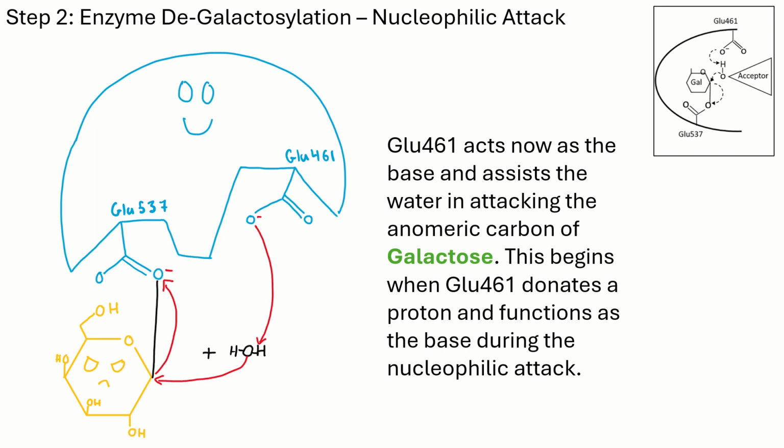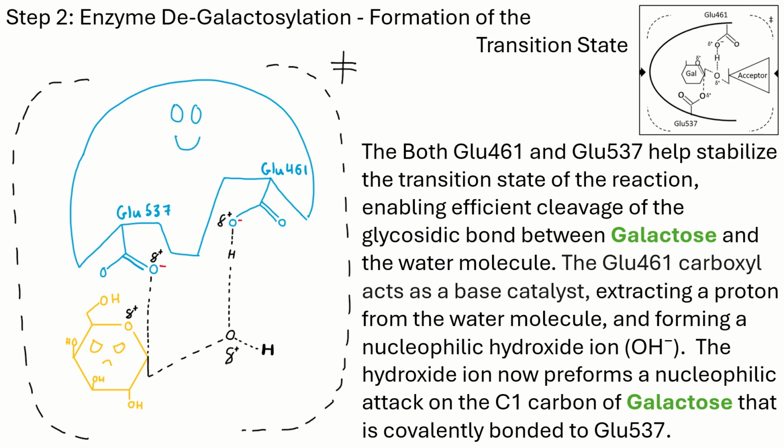This begins when Glu461 donates a proton and functions as the base during the nucleophilic attack. Both Glu461 and Glu537 help stabilize the transition state of the reaction, enabling efficient cleavage of the glycosidic bond between galactose and the water molecule.